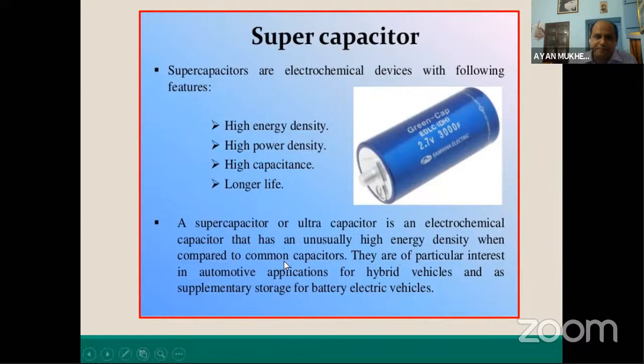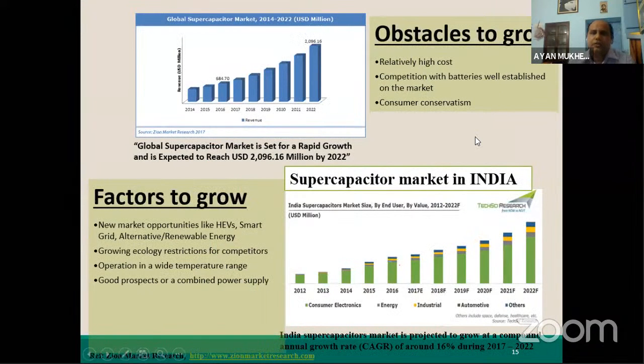So nowadays we have seen that the applications of supercapacitors, particularly in the automobile sector, are increasing day by day. Here we will look at the global market of supercapacitors. From 2014 to 2022, we have seen that there is a probability of increasing usage of supercapacitors. But the obstacles to growth are that the supercapacitors available in today's market are relatively high cost.